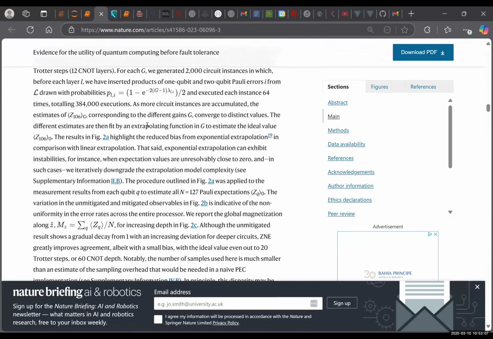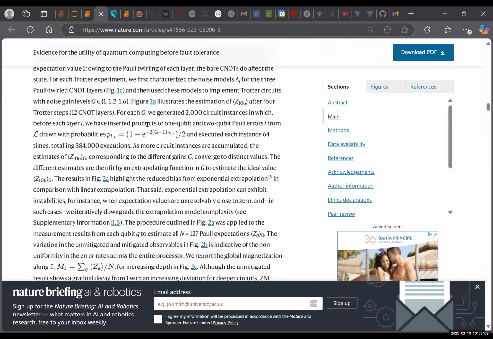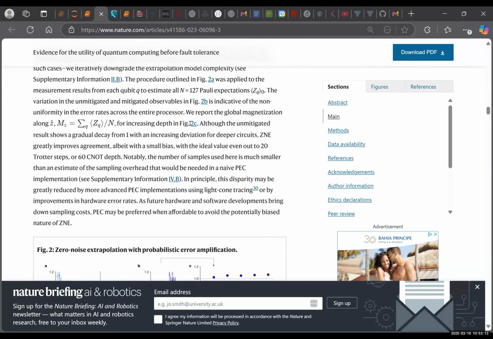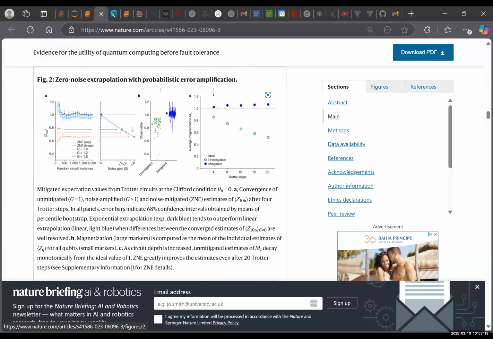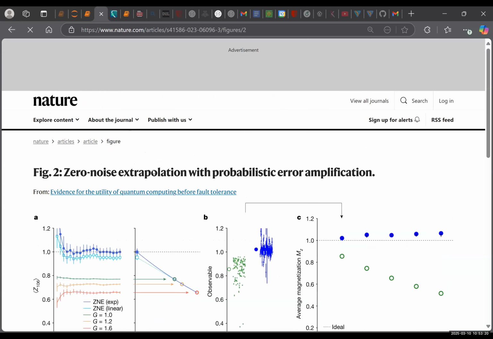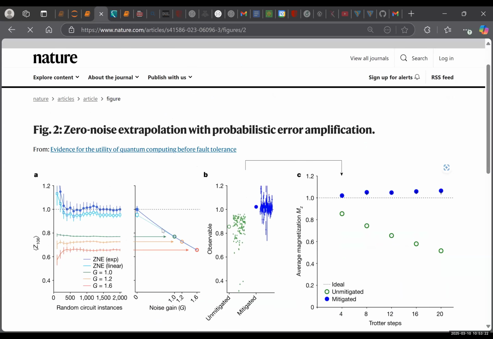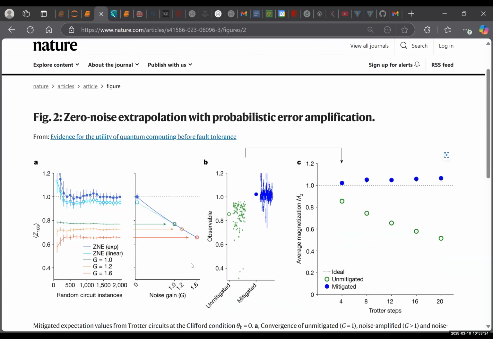Yeah, right. You see the noise model, and you will see some of this extrapolation: noise gain, and you extrapolate to zero.